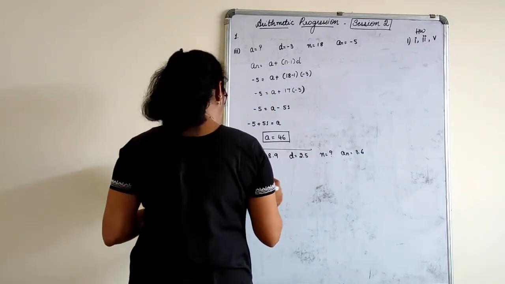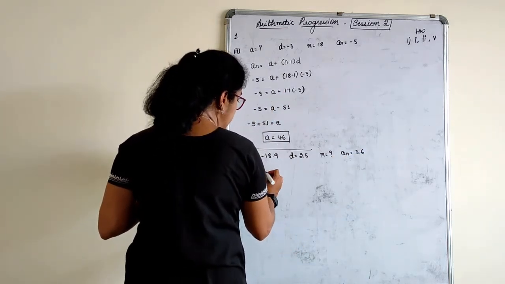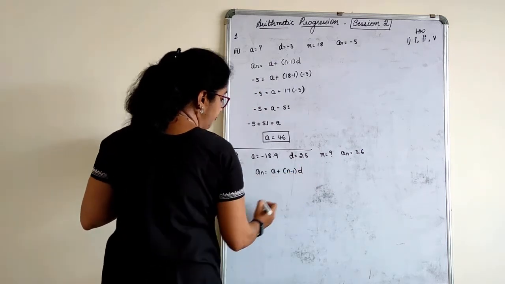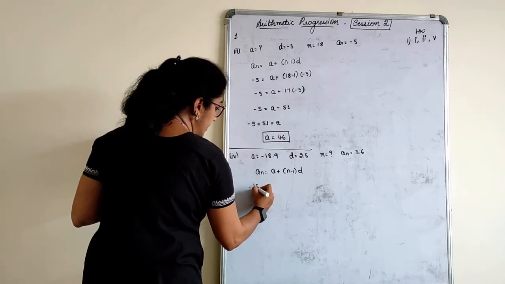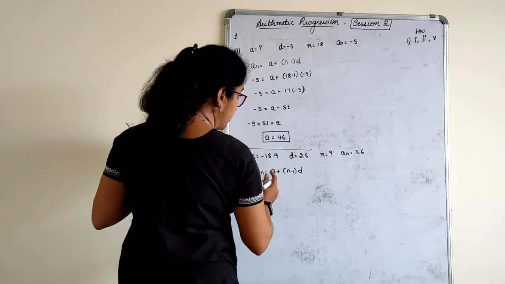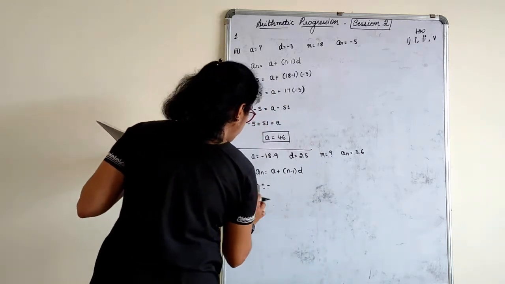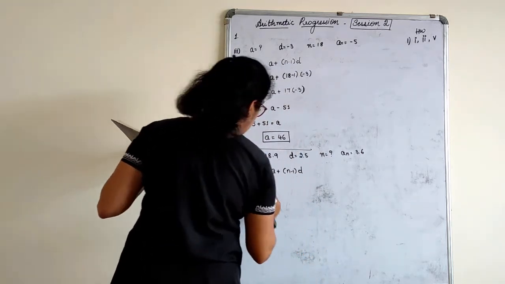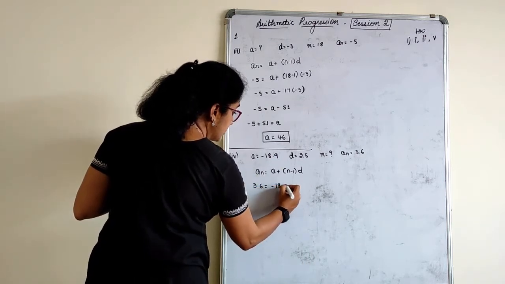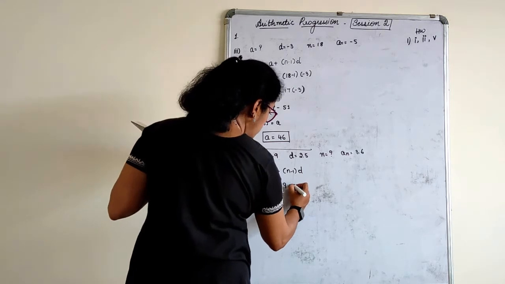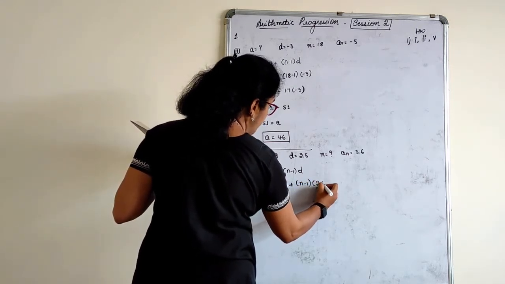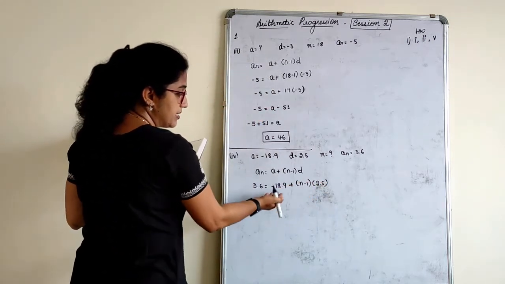Quickly start with the formula. an is equal to a plus (n minus 1) d, where an is 3.6, a is minus 18.9, plus n, we have to find n, minus 1 of 2.5. Let's keep this as it is.